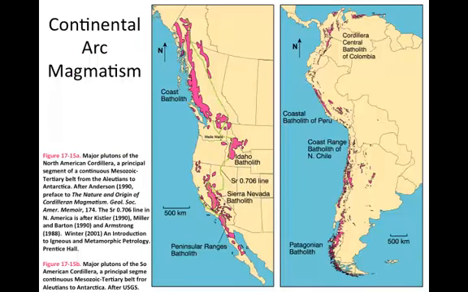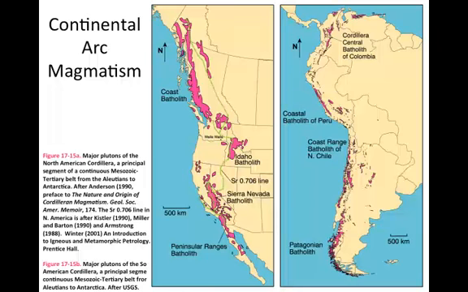Another area where you're probably familiar with magmatism is at continental arcs, probably because they end up generating spectacular eruptions. But the granites of the Sierra Nevada batholith are part of that system.